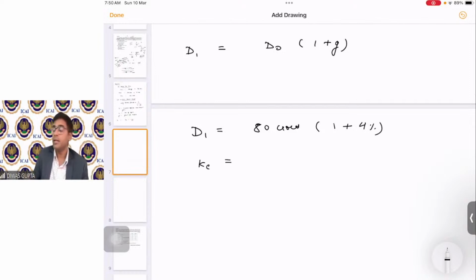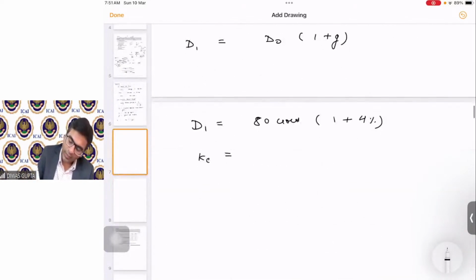KE will be, now all of you are masters in the capital asset pricing model. Yes, Mancha, 1800 crore is the market cap that we have calculated above. Now for the capital asset pricing model, all of you know the formula: risk-free rate of return plus beta times RM minus RF.